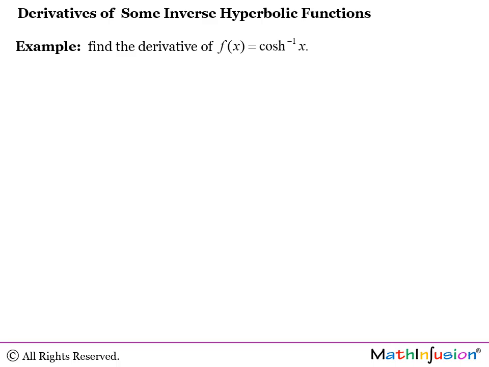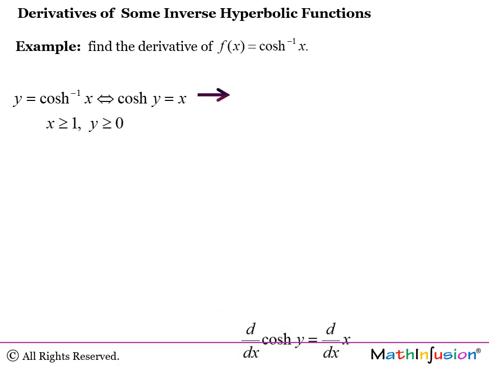Let's see derivatives of common inverse hyperbolic functions. We will start by finding the derivative of the inverse function for the cosine hyperbolic x. We will use implicit differentiation. y equals the inverse of the cosine hyperbolic x if and only if x equals cosine hyperbolic y.